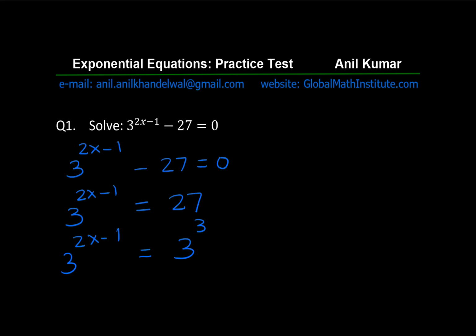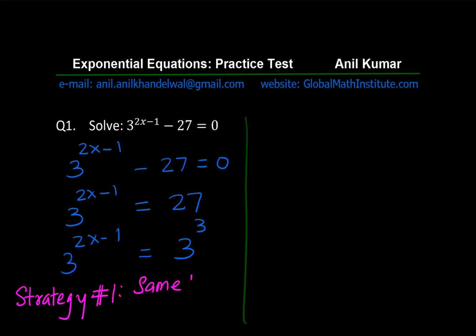Perfect. So that is one way of solving exponential equations. You have to have the same base. So we'll call this as our strategy number 1. So we have same base. And in that case, what are we going to do? We'll equate the exponents.